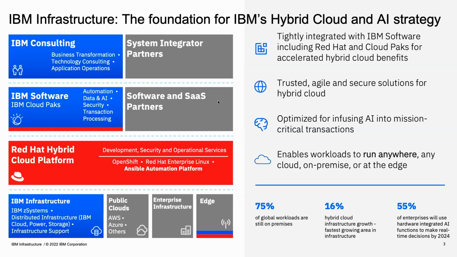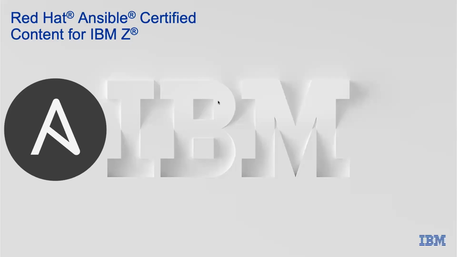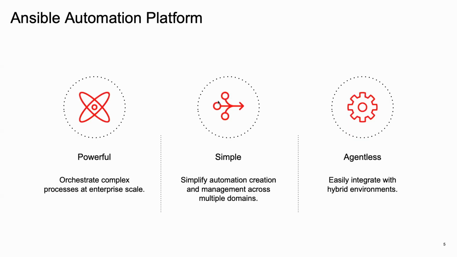Specifically, one of the key things that we have introduced and adopted to support IBM is the Ansible automation platform. So let's talk a little bit more about our offering in terms of how we bring Ansible to support the IBM Z environment.